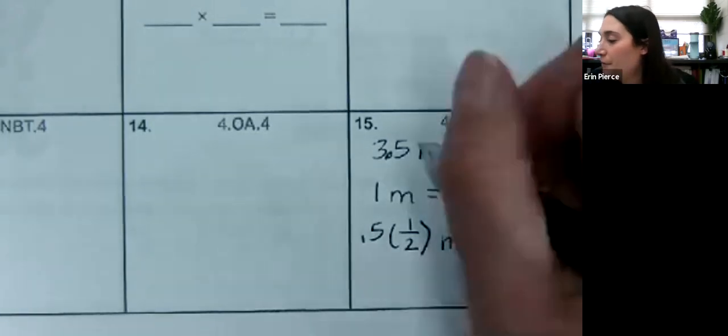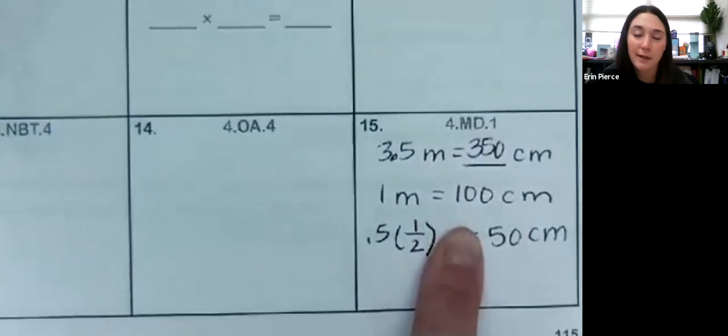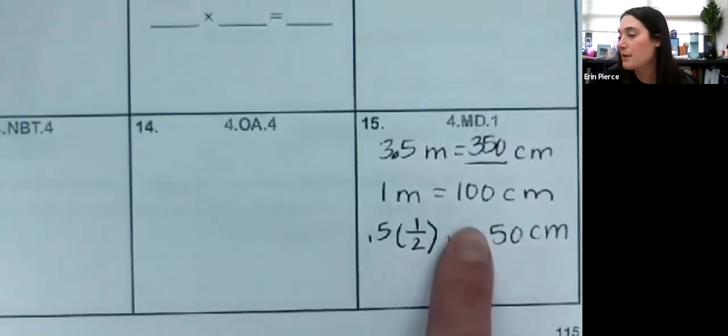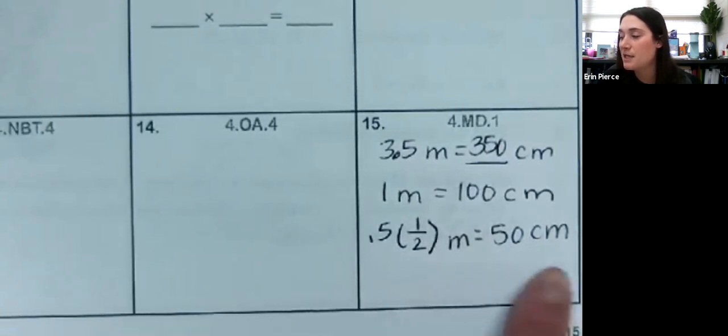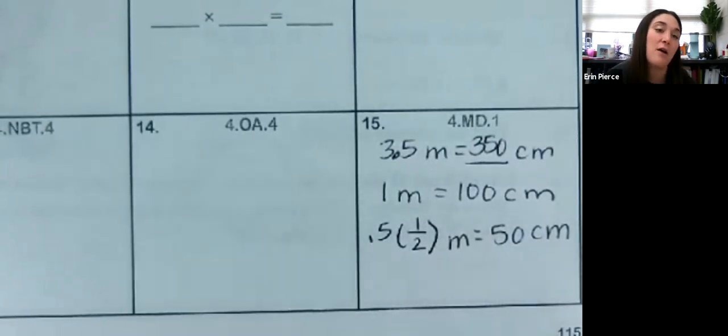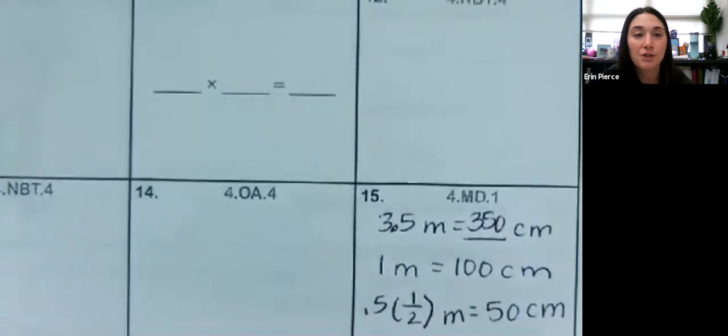Yep, 350 centimeters. That's 3 times 100. I get 300. And I add that half meter, which is 50 centimeters, 300 plus 50, 350. What's another one you would like to see? Charlotte.